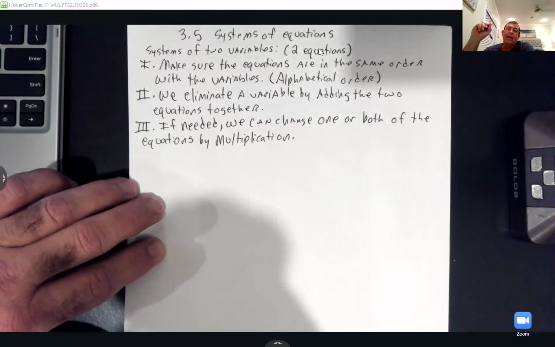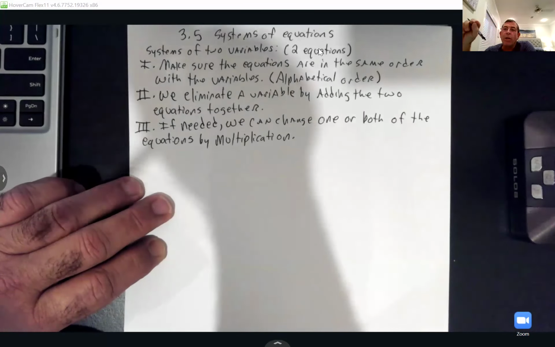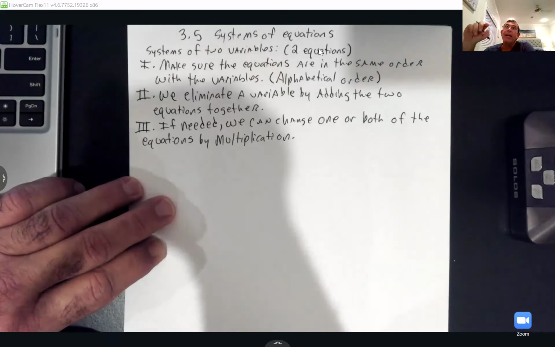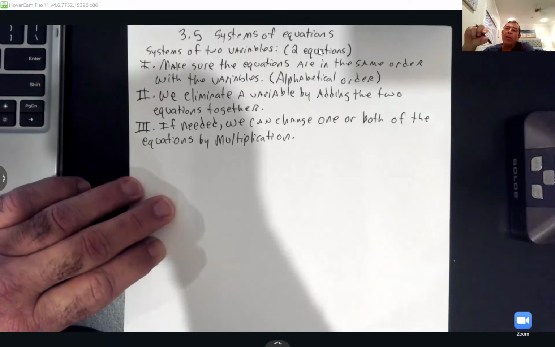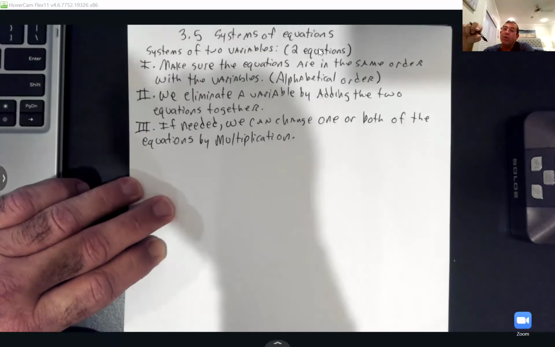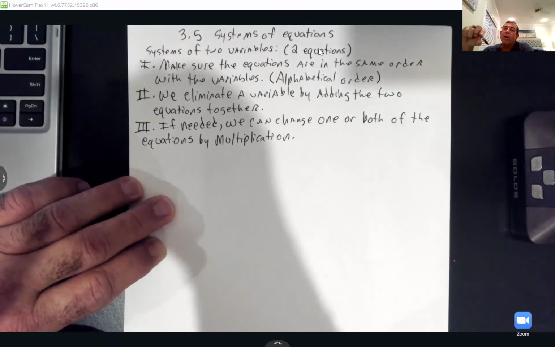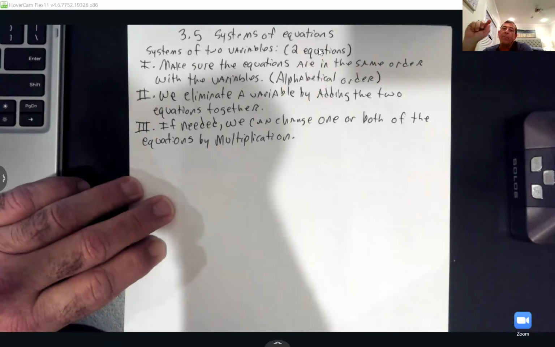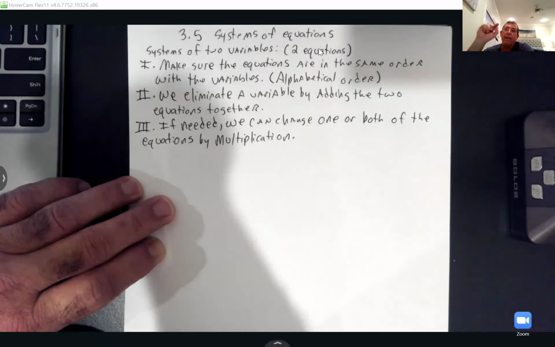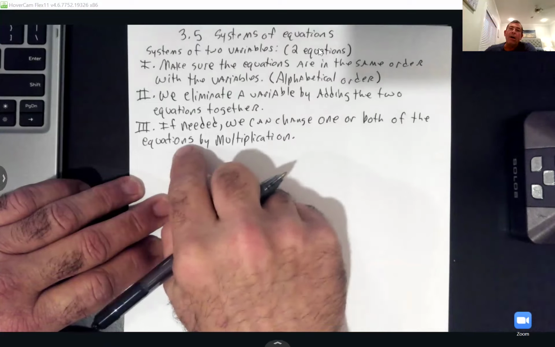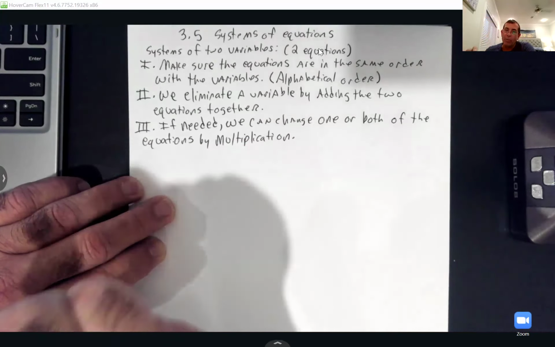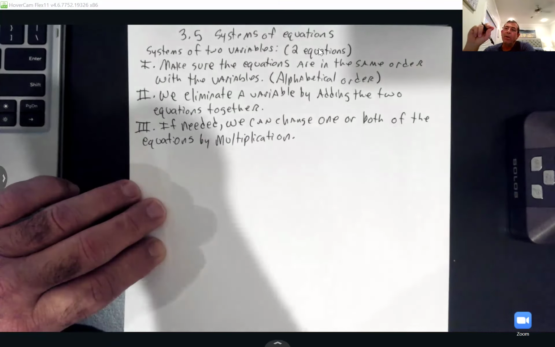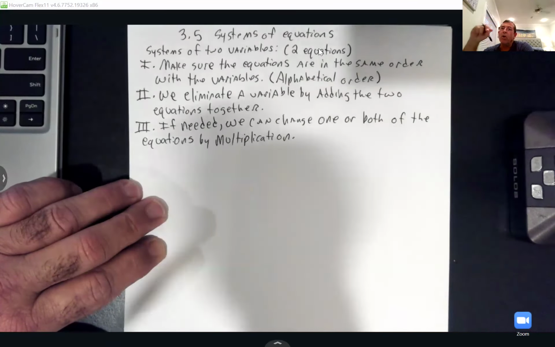So if I got, say, a 2x in one equation and maybe a negative 1x in the other equation, I can multiply the equation with negative 1x by 2 to give me a negative 2x that'll cancel with a positive 2x, okay? Now, if you multiply all terms of the equation, gotta be multiplied by that number. So remember, multiplication will distribute over everything.